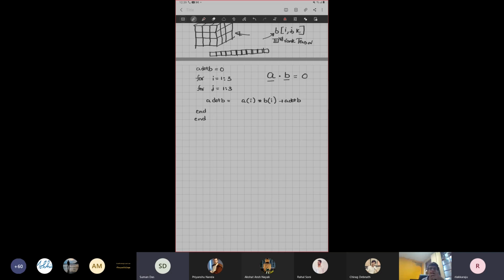Yes, sir. So, if I want to use mathematical notation for that, I'm sorry, this is not zero. If I want to really write the mathematical definition, it is summation of A of i, B of i, i is equal to 1, 2, 3.